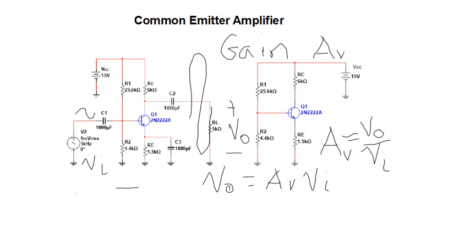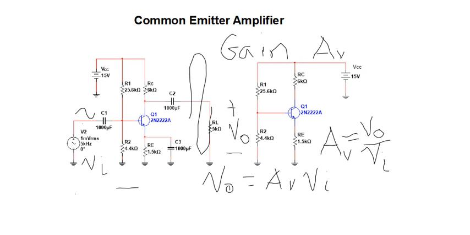Now, C1 and C2 we call coupling capacitors, because their whole job is to couple different circuits together, block the DC from other circuits from getting into this circuit, and block the DC from this circuit from getting into the other circuits, all the while letting the AC pass right on through. So C1 and C2 do that job.